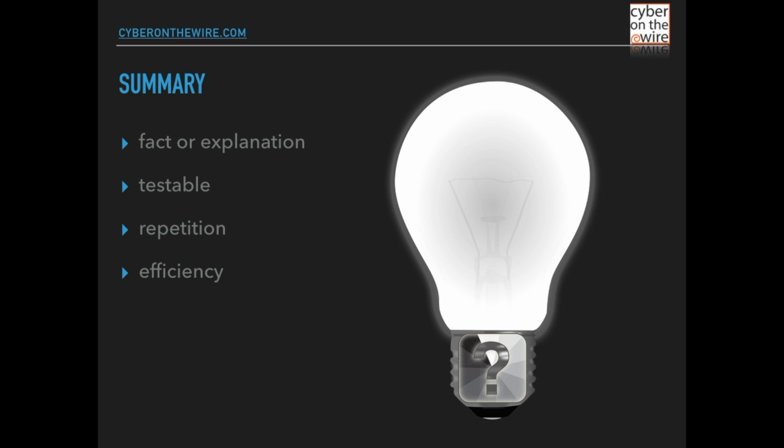To summarise, when you look at text in the book, you need to decide, is this a fact, or is this just explanatory text? If you decide it's a fact, try and consider how testable it is. Think to yourself, how could I write a question around this? The easier you find it to do, the more likely it is to be important for your exam.